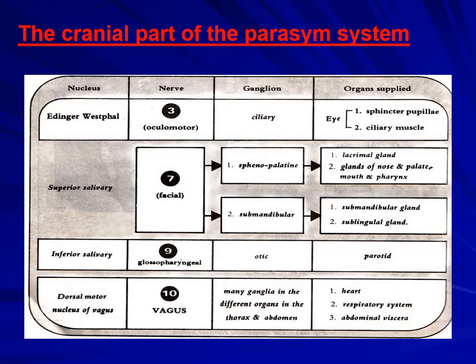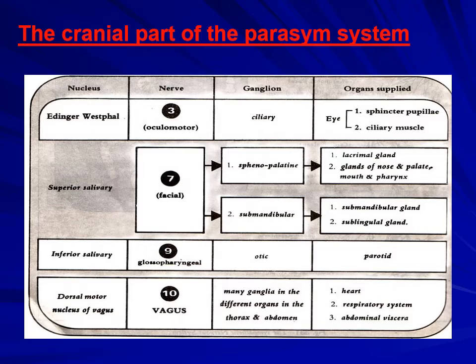In the cranial part of the parasympathetic system, we are concerned with the third and the seventh cranial nerves. The third cranial nerve, or oculomotor nerve, arises from the midbrain of the brainstem.